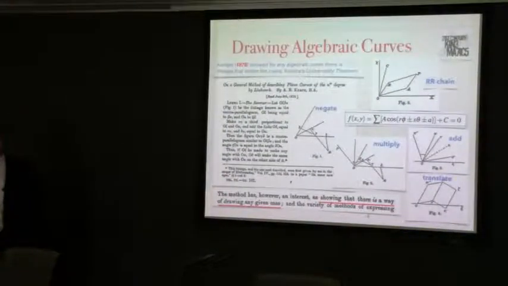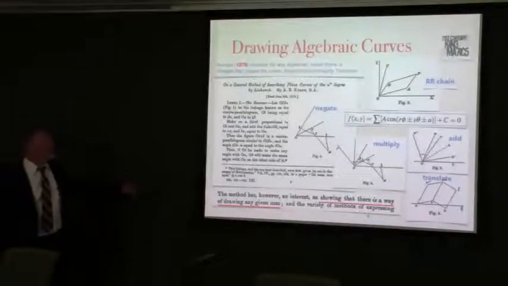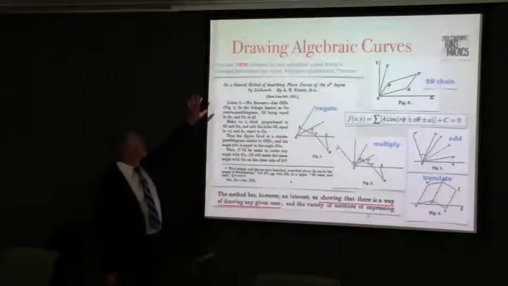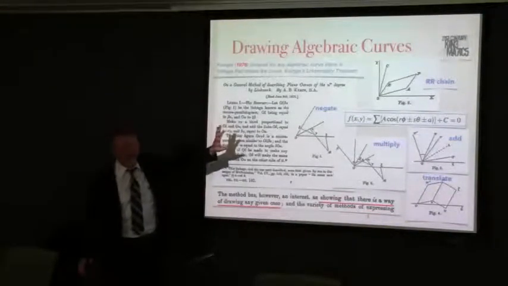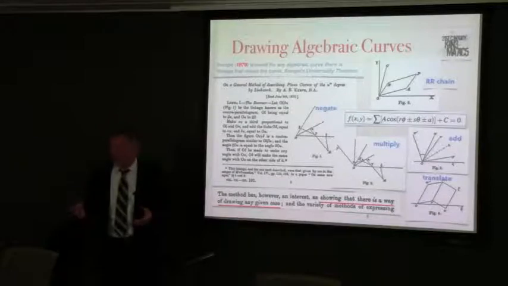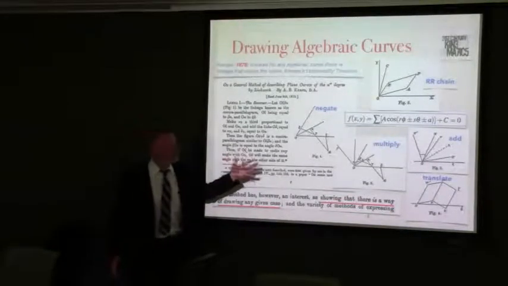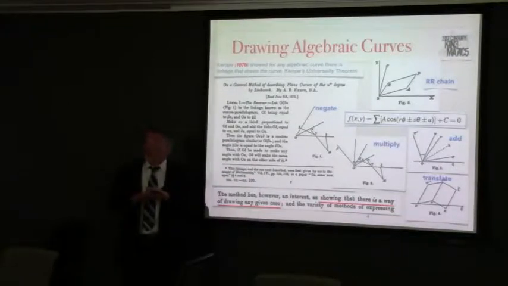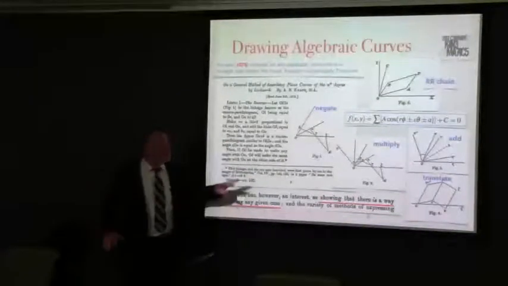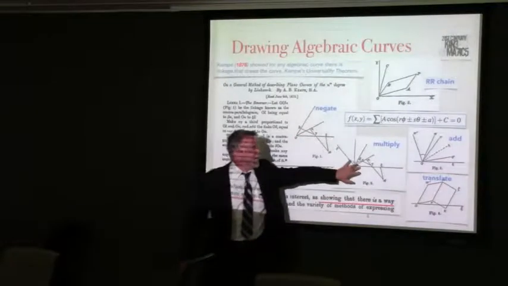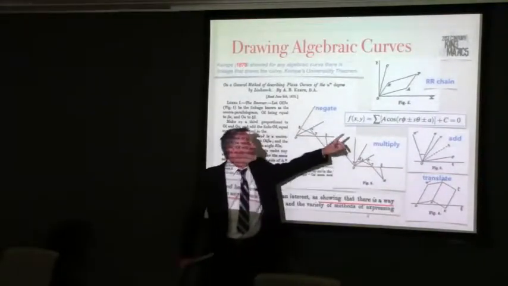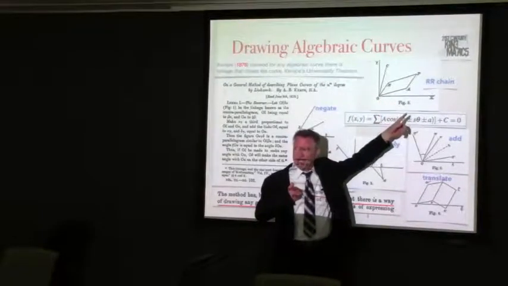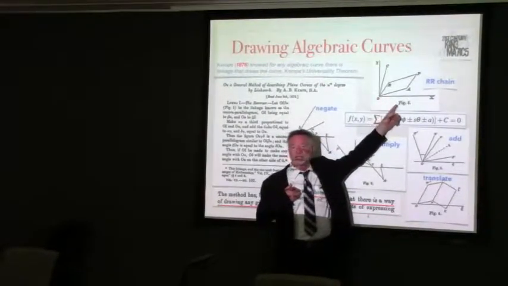Kempe went even further. In this paper, Kempe showed, and there's some argument over whether he proved this or not, but he basically showed that you could calculate from any algebraic curve a sequence of mechanical operations that would ensure that this device, which is for our purposes just a 2R chain, he drew it as a parallelogram, but it's just a 2R chain.